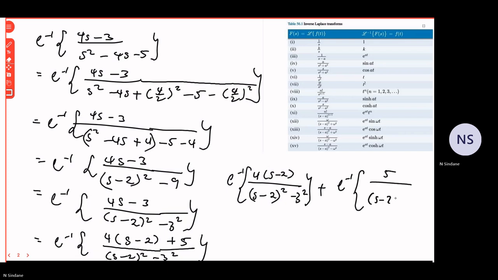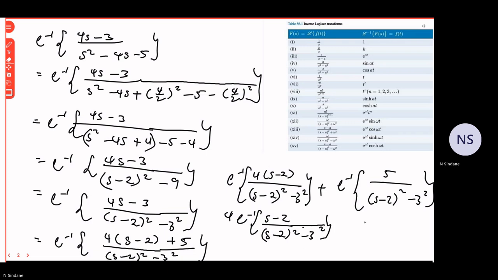This one will be 4 times the Laplace inverse of s minus 2 over s minus 2 squared minus 3 squared.